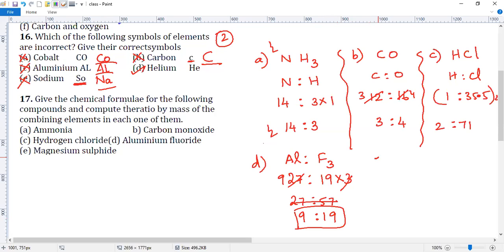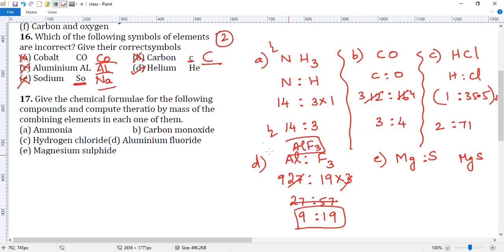Next one. It is magnesium sulfide. Mg, sulfide is S. What is the formula first of all? MgS. Here I forgot to write the formula AlF3.